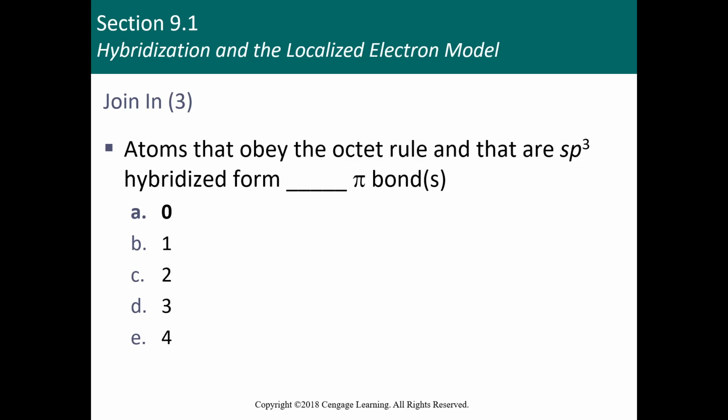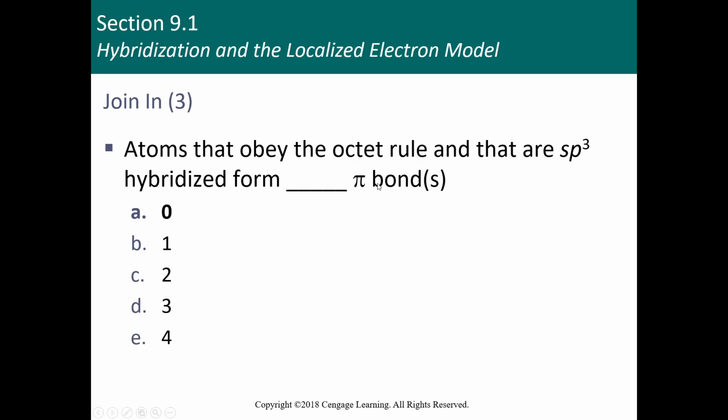Alright, so atoms that obey the octet rule and are sp3 hybridized form blank pi bonds. You remember when I talked about sp3 hybridization, I said that they are always sigma bonds, and so they cannot make pi bonds. The big thing you can remember is pi as in p, right?